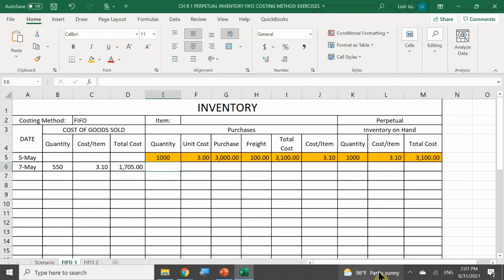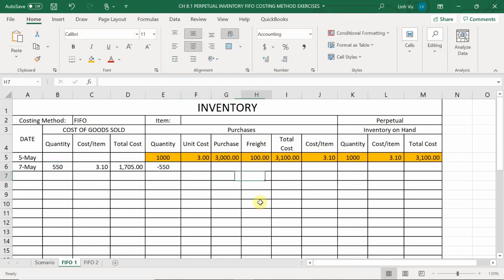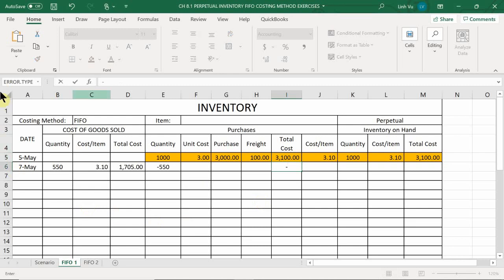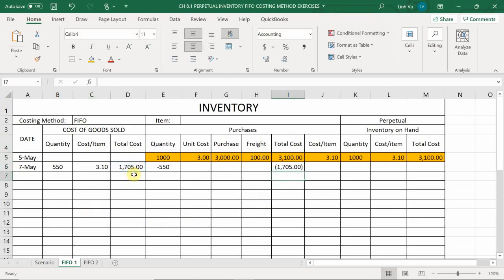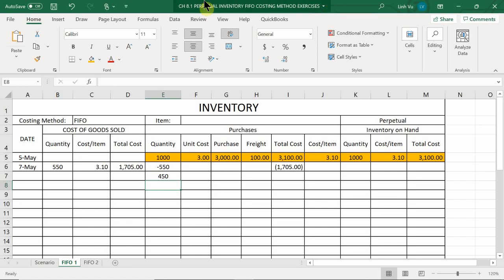So in this case, I am going to subtract 550 items, and it was a total cost of $1,705. Now, of course, this belongs to the batch of inventory. So in this case, it's pretty straightforward. If I have 1,000 items and I subtracted 550, how much should I have left over? 450.